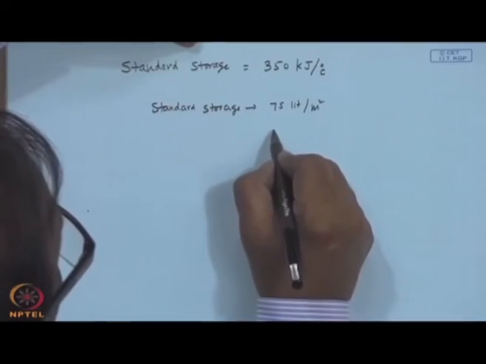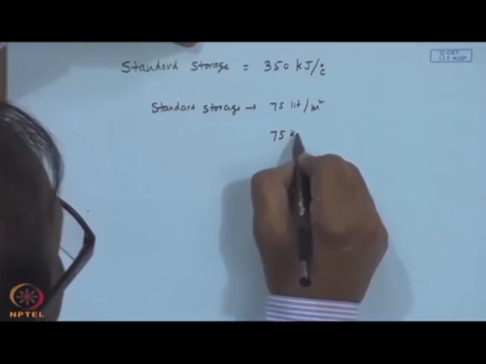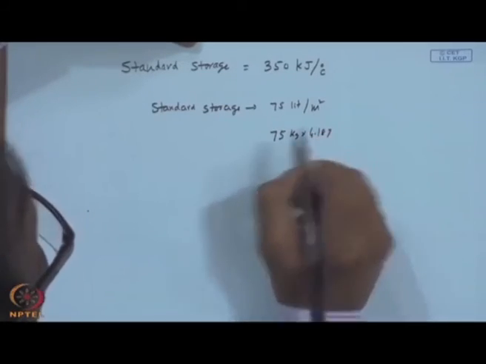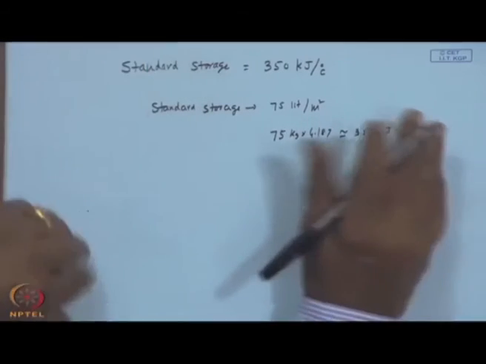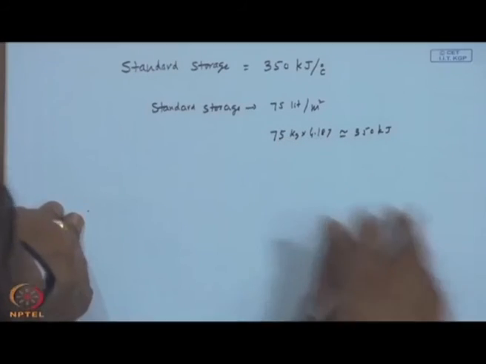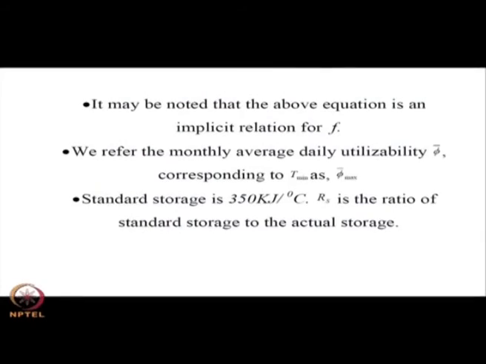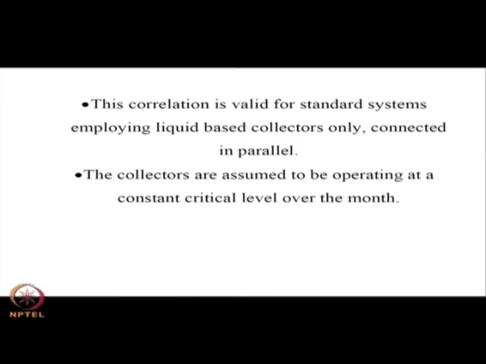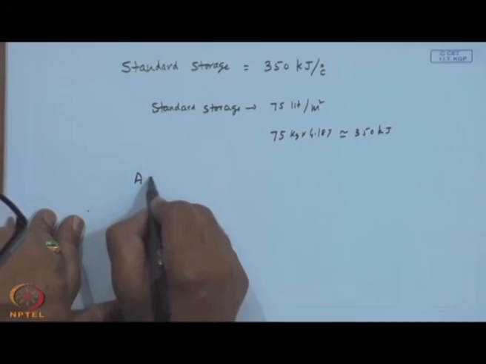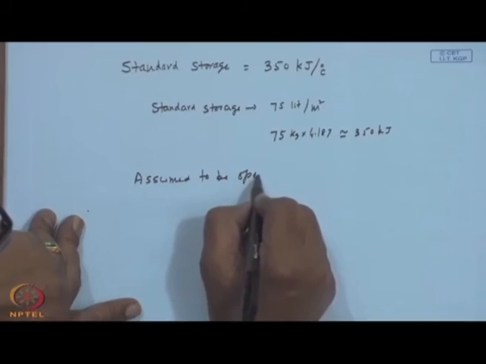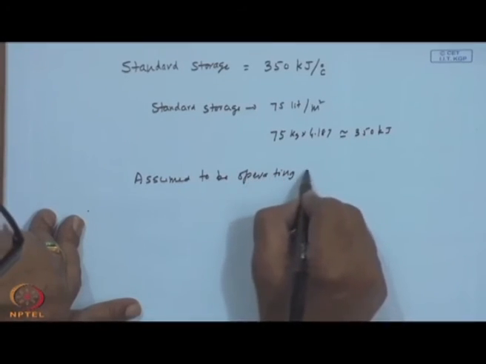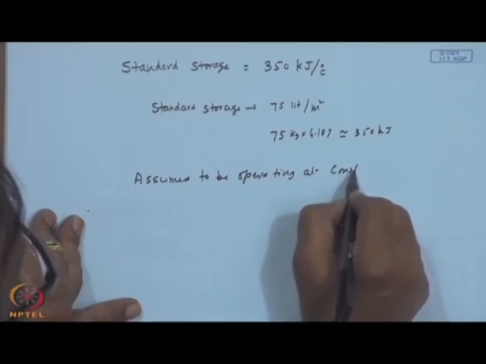This, if you multiply by 75, is approximately 75 kg, multiplied by 4.187, the specific heat, is approximately equal to 350 kilojoules. So, the storage sizes are comparable, and this is standard systems employing liquid based collectors connected in parallel. The collectors are assumed to be, this is important, assumed to be operating at constant critical level.